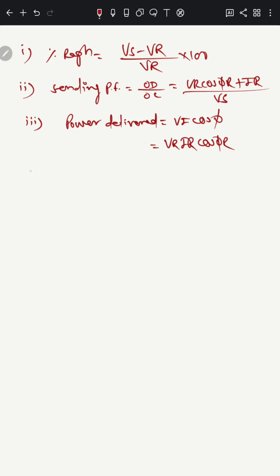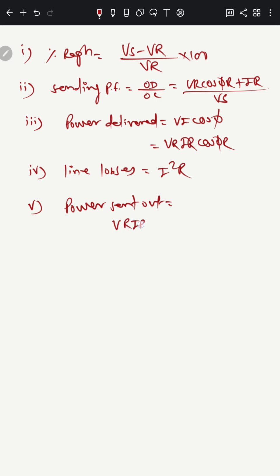Then we have got line losses. Line loss is basically I square r. Then we have got power sent out, that is Vr IR cos phi r plus I square r.